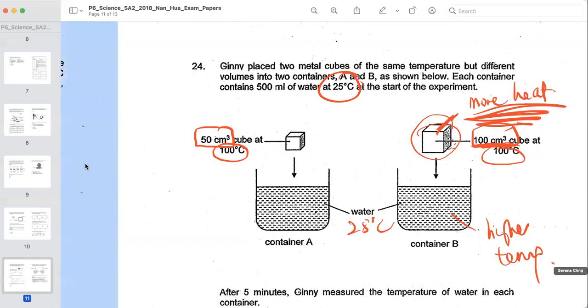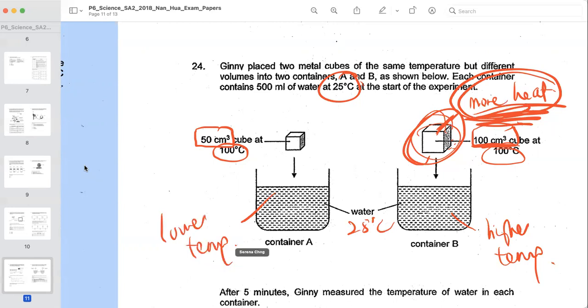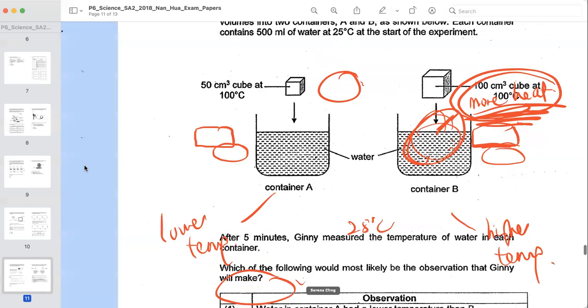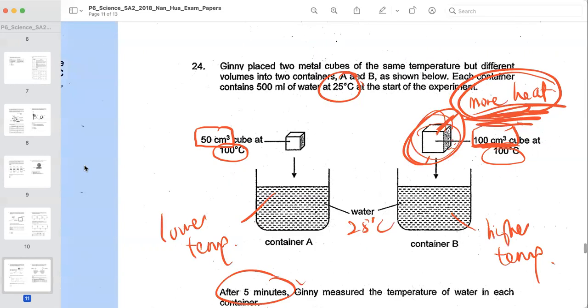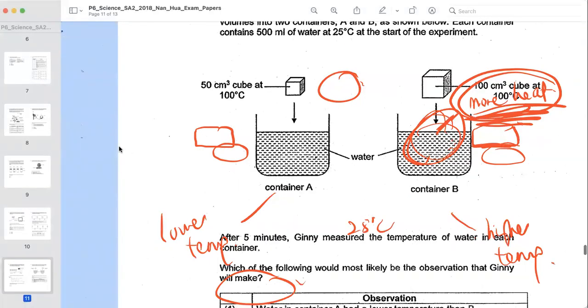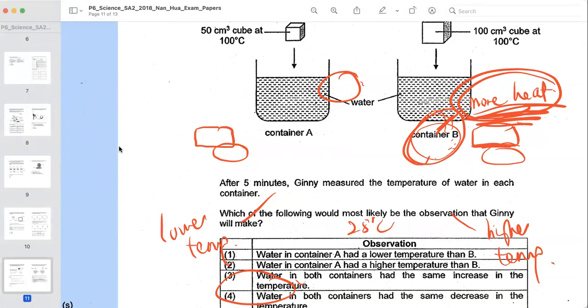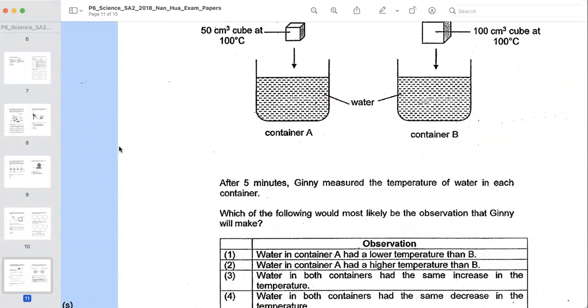Because this bigger cube contains more heat, it will conduct more heat to the water. So container A will be at a lower temperature after 5 minutes. So your answer will be the water in A had a lower temperature than the water in B, which is option 1.